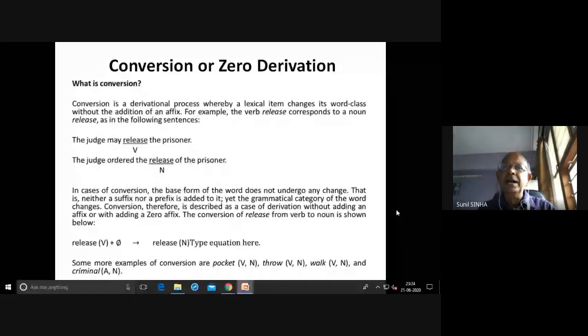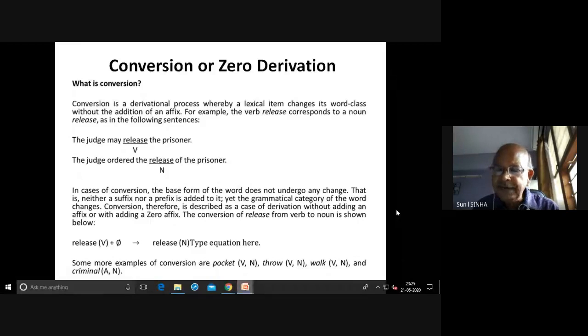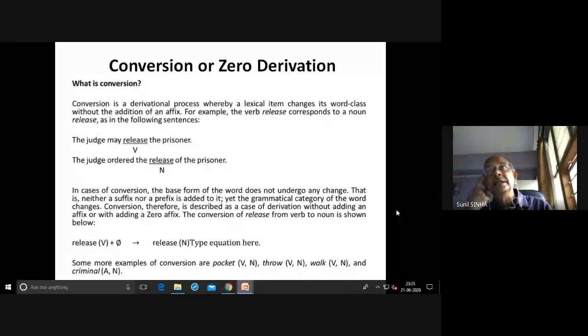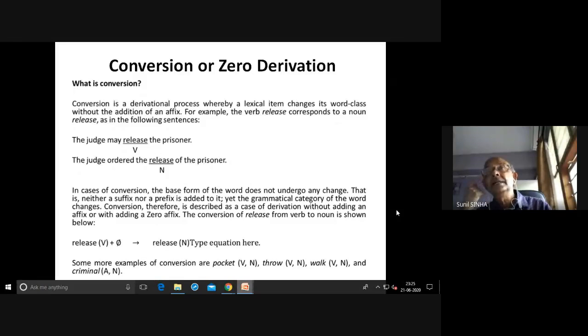And the symbol for zero affix is a zero with a stroke. If you can see it, release, verb plus zero with a stroke, right? So that is the symbol for zero affix. So this point should be clear.